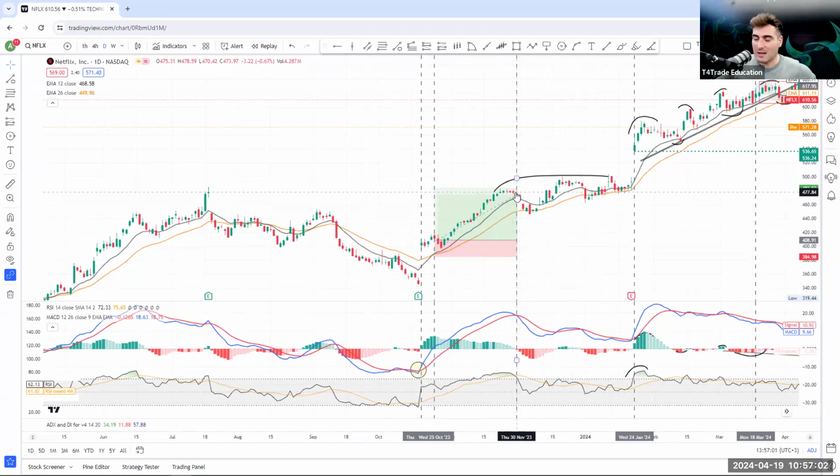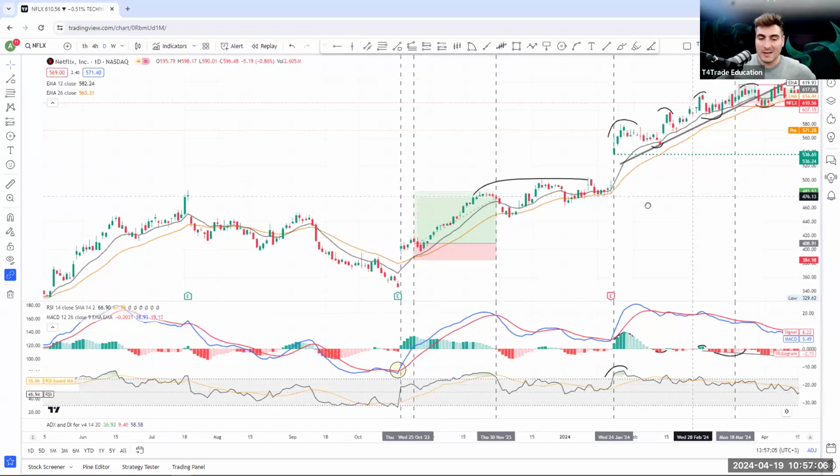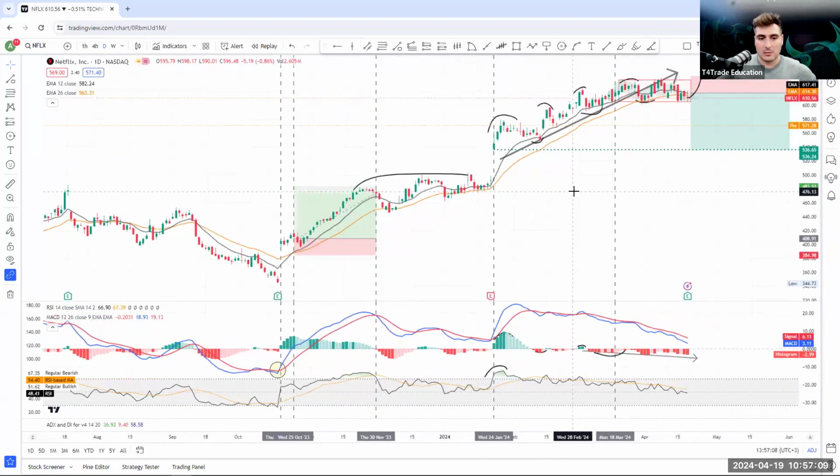Could we have had a much nicer exit? Yep. It would have been when you see the crossover between the MACD line, the blue line, below the zero line, which has not yet happened.